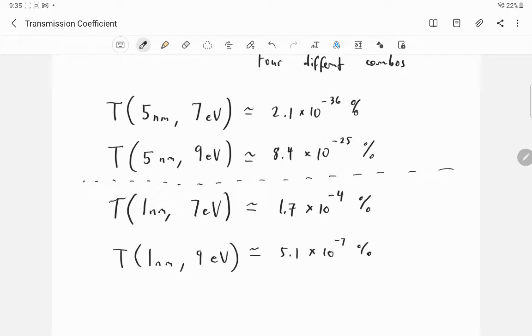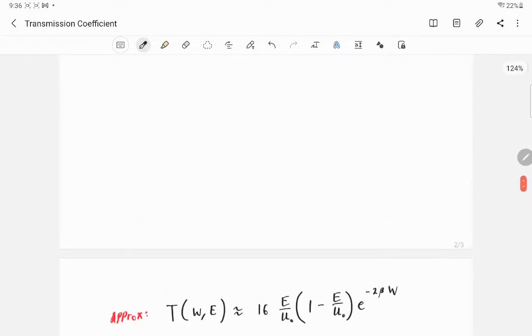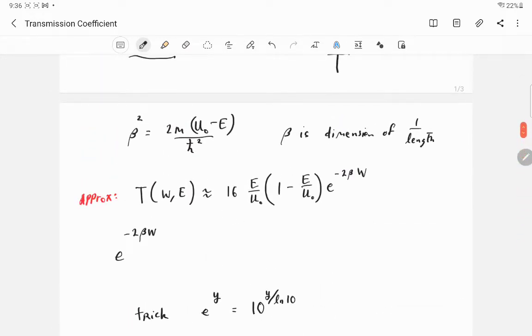This is what I mean by small. I don't mean small in the sense of 10 to the minus 1 or even 10 to the minus 2. I'm talking 10 to the minus 40 or 10 to the minus 50 or 10 to the minus 10. Those are the types of transmission coefficients that this approximation is good for.